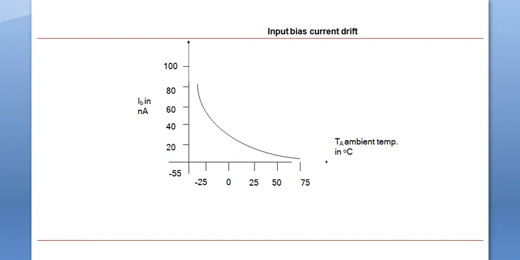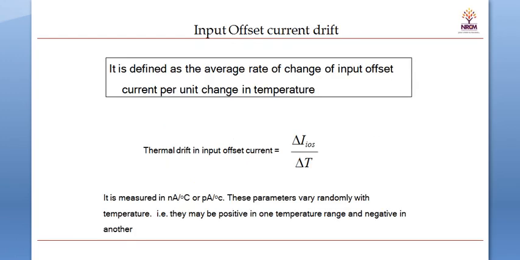The third parameter is input offset current drift. It is the average rate of change of input offset current per unit change in temperature. It is measured in nanoampere per degree centigrade or picoampere per degree centigrade, and these parameters vary randomly with temperature.